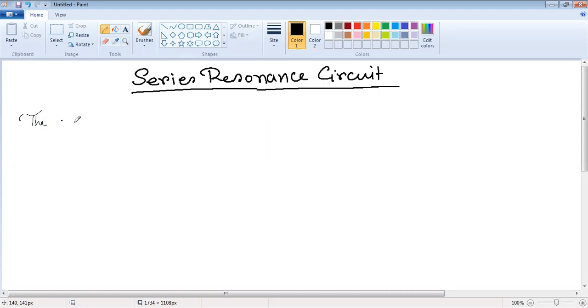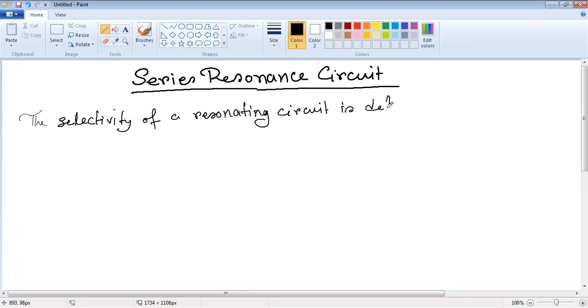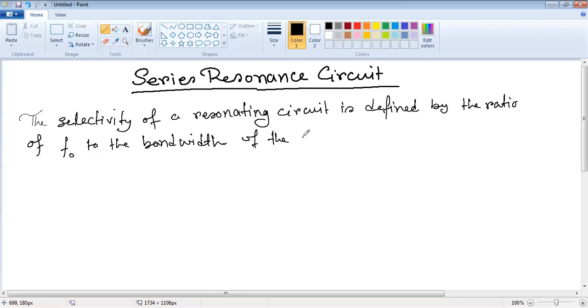So we can write that the selectivity of a resonating circuit is defined by the ratio of F naught to the bandwidth of the circuit.